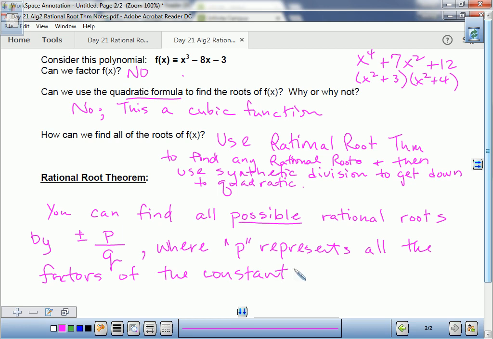Okay, now after our around the room game, do you guys have a better understanding of what the word constant means? It's the plain old number. It's the one that doesn't have any variables with it. That's the constant. And we're going to divide that by Q, which represents all the factors of the leading coefficient.